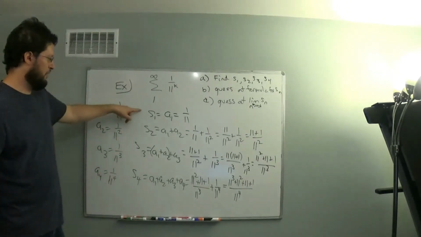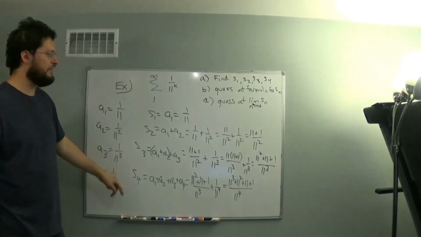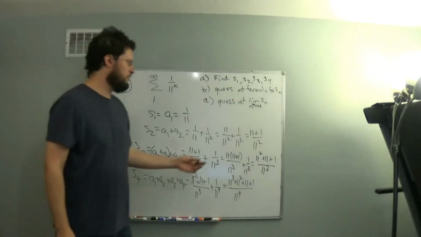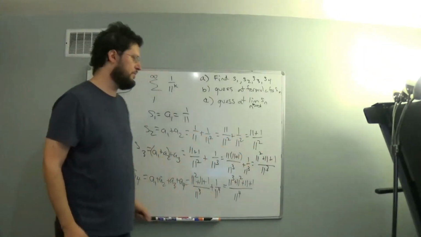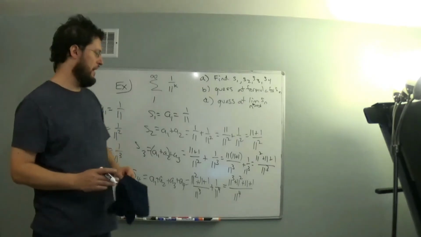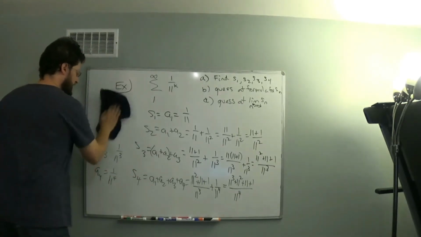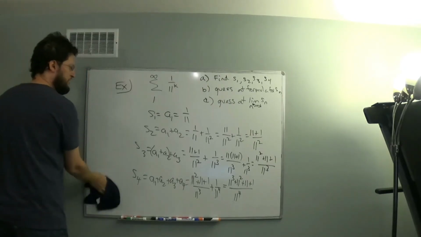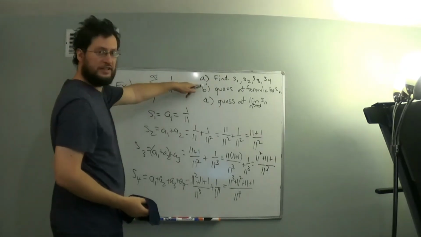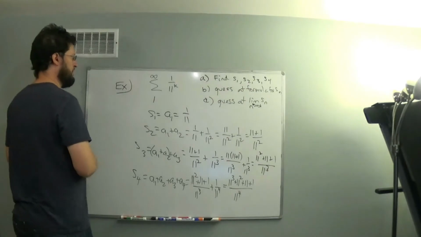So we've got S1, S2, S3, and S4 in a way that's easy to see the pattern. If you wrote these all out and figured out what those numbers are, the pattern would not be obvious at all. But as it's written like this, they're fine. They are the answers to the question, and it makes it easy to guess at a formula for part B.